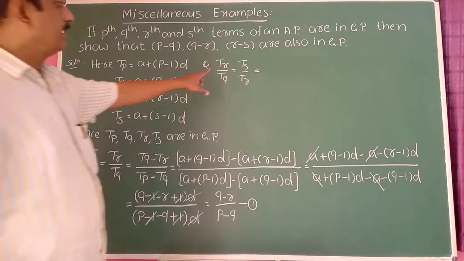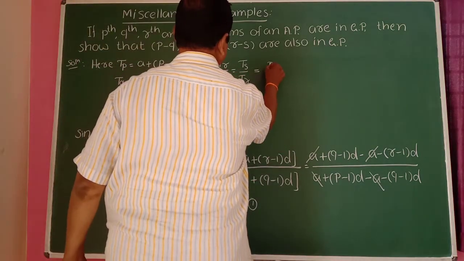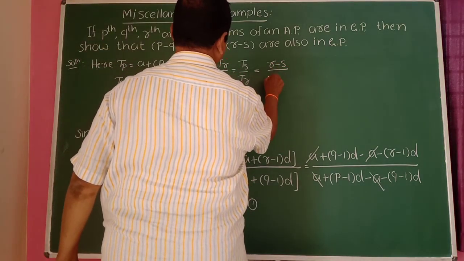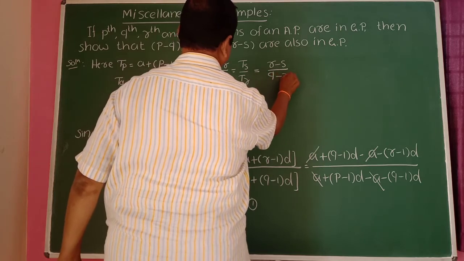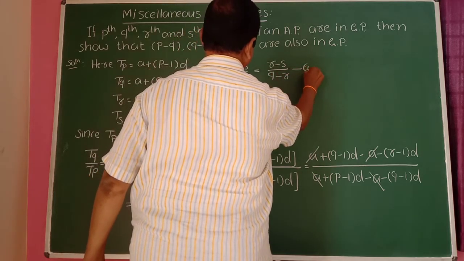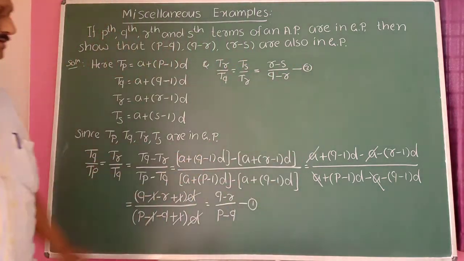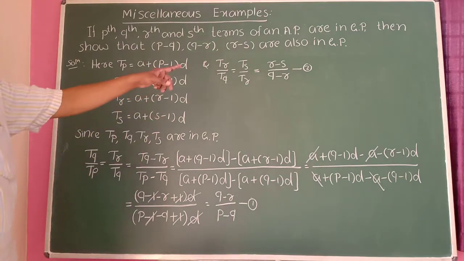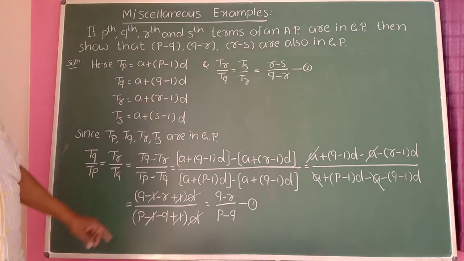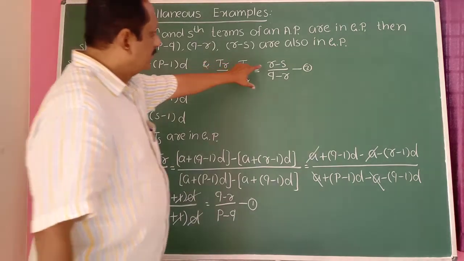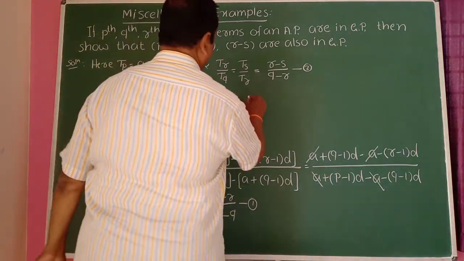Similarly, we can write here r minus s divided by q minus r. Take equation number 2 here, just like this previous result. Okay, we get this result here. So both are equal here. So therefore, this is equal to this one here, from 1 and 2.